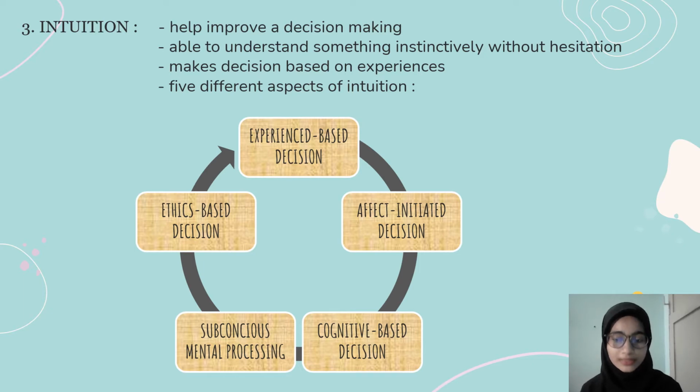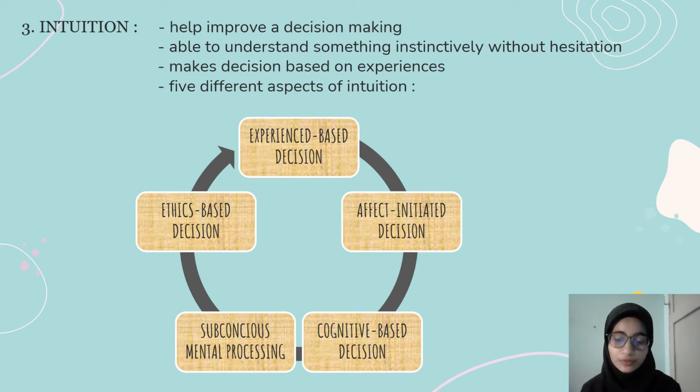And intuitive decision making is defined as making decisions based on previous experience, feelings, and also accumulated judgment. Intuitive decision making can be considered accurate, as there are suggestions that decisions may be better if made in the absence of attentive deliberation.